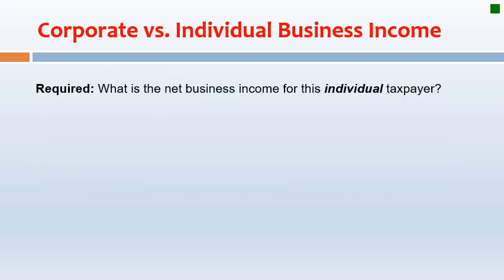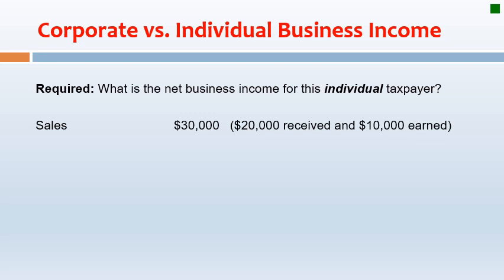So how would we determine the net business income for this individual? Well, we'd start with sales. We have $20,000 worth of sales received, and we know that we've got $10,000 of sales that were earned but not necessarily billed. So for tax purposes, and regardless of what this individual has done for accounting purposes, we know that we need to use the accrual system for recording revenues.